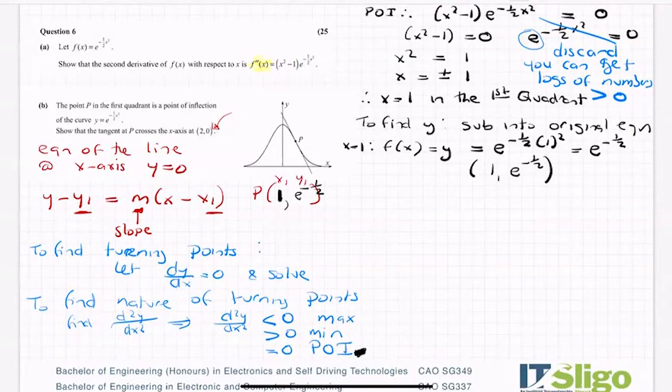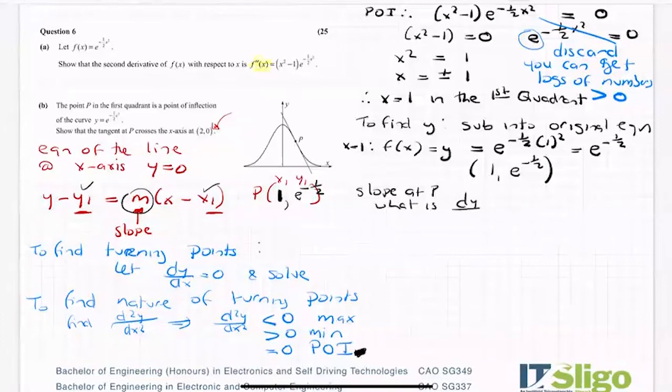Okay, so we need the equation of a line. We need to find the slope first. So I have my x1, y1 now. Let's find our slope. So the slope at P, or in other words, what is dy dx, or f dash of x, when x is equal to 1, because isn't that the x value at P?